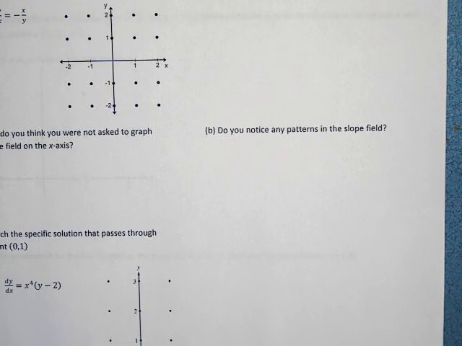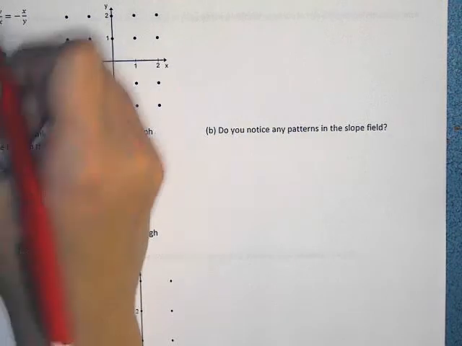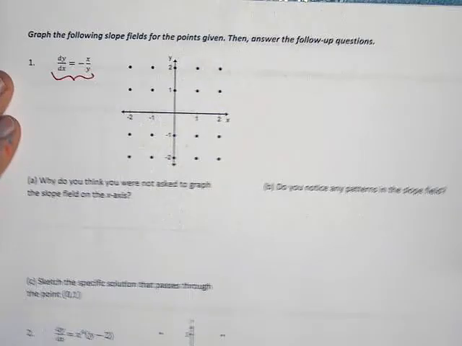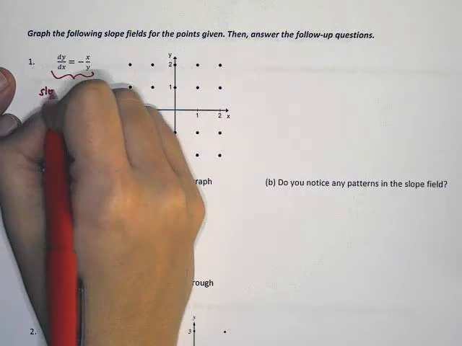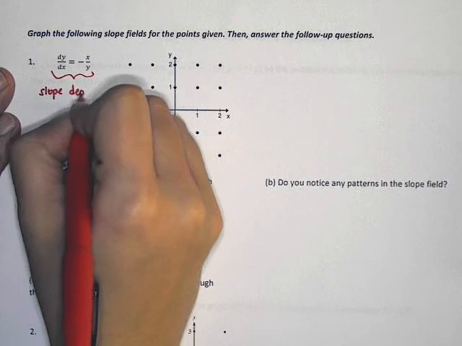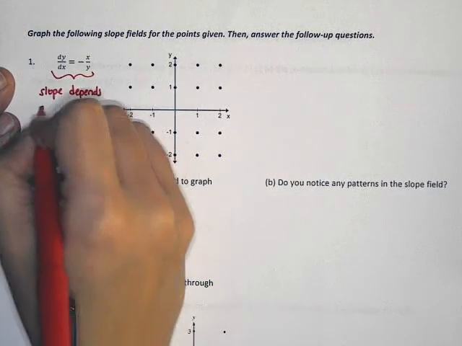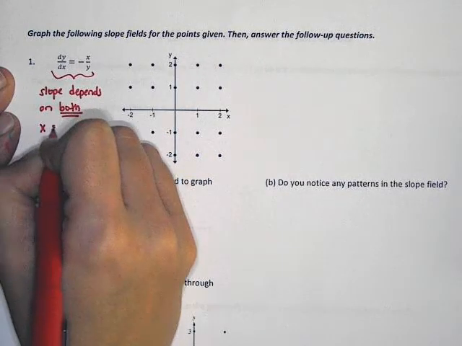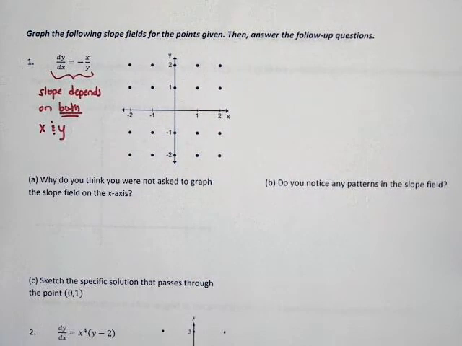So this one says, graph the following slope fields for the given points. Now you'll notice that this differential equation, because there's an x and a y here in the equation, the slope depends on both x and y. So let's see how that changes how we actually graph this.